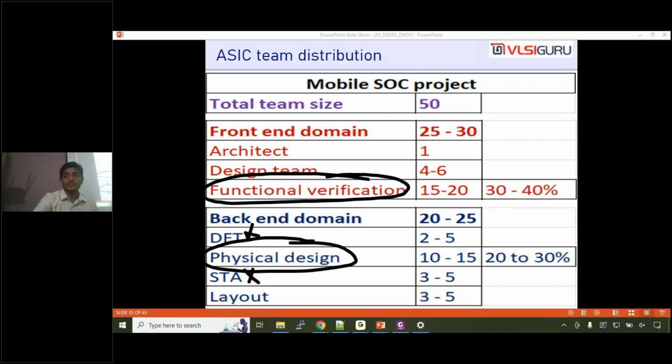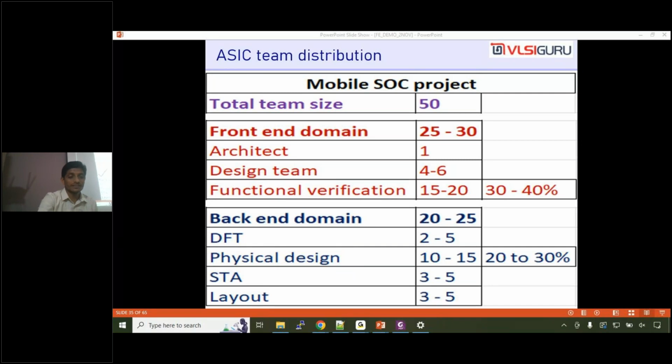Since there are more opportunities here, a lot of people join these two trainings. Since there are fewer opportunities, very few people join DFT training. So hence, you don't have any disadvantage. Let's say you take DFT training, you don't have any disadvantage. Don't think that there are only 2 to 5, so I'll have a disadvantage. No, you will also still get opportunities.